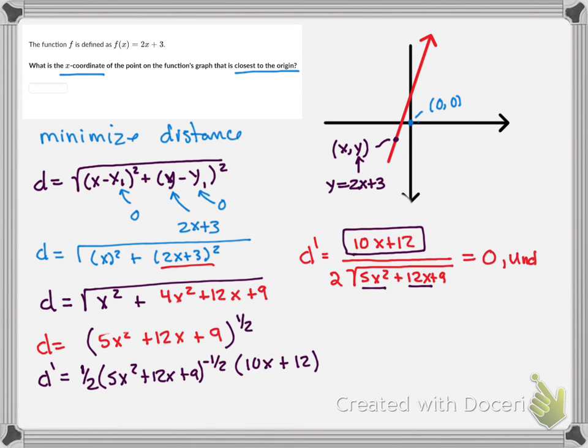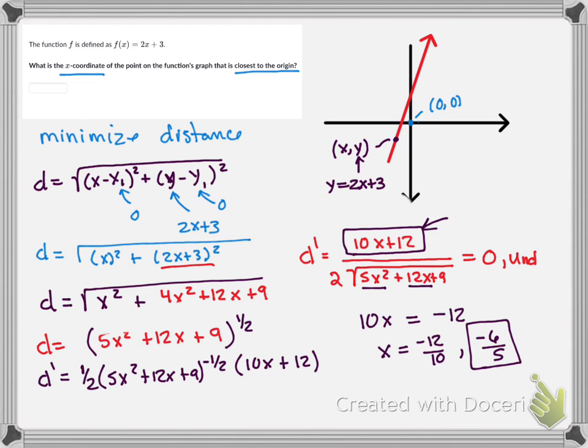Well, I guess we could have a negative x. But we're going to solve this numerator equal to 0. 10x equals negative 12. X equals negative 12 over 10, or negative 6 over 5.